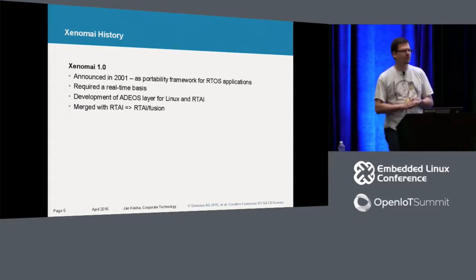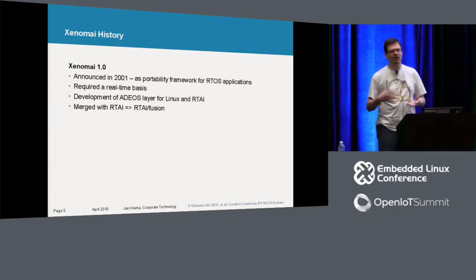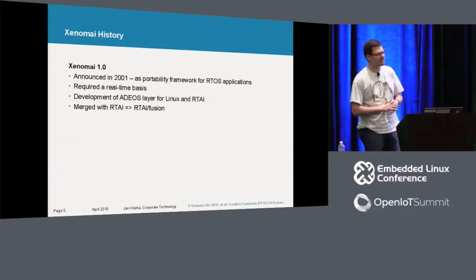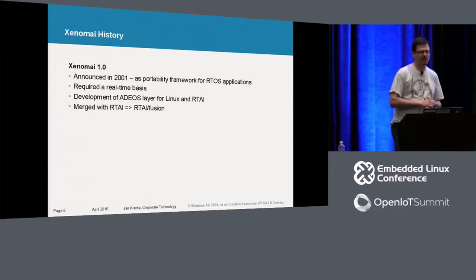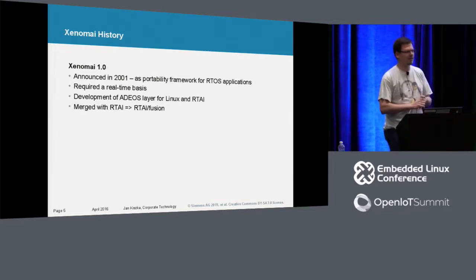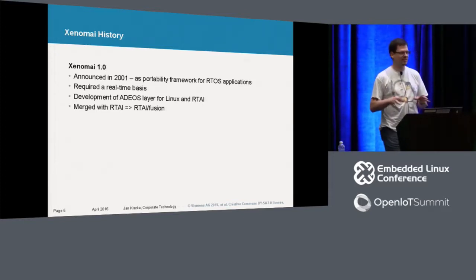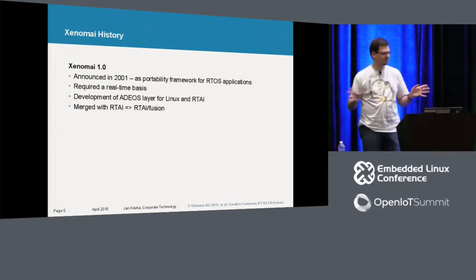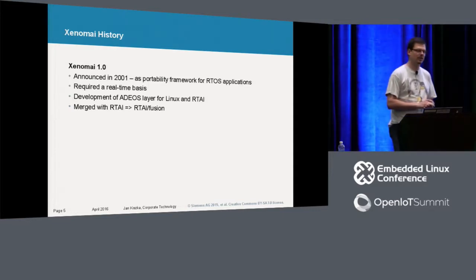And so this project was looking around for some real-time host in Linux. And, well, in those days, there were RT-Linux, there were RTI, and there was some need to improve on these layers, and specifically on the lowest part, the ADEOS layer, which Xenomai contributed at this point to RTI. I'll talk about the details later on.